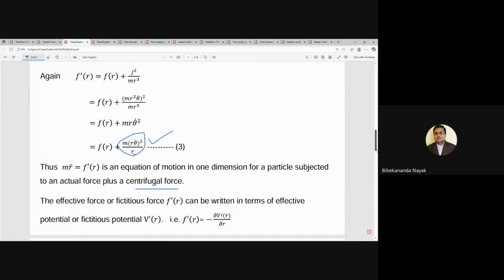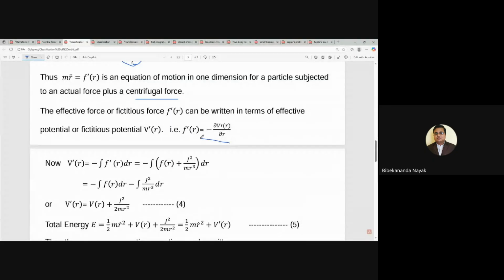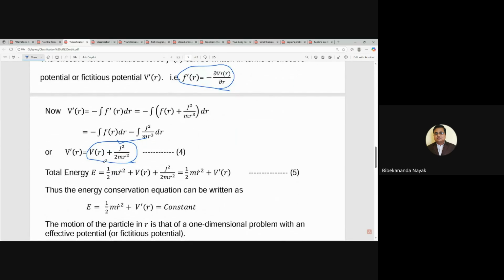But if we assume it is conservative, then F prime r must be the negative gradient of the potential, V prime r. From that you can calculate the effective potential, which will be V r plus J square by 2 m r square. So the effective potential, which is responsible for the effective force, is like this. The total energy, we know, is kinetic energy plus potential energy.